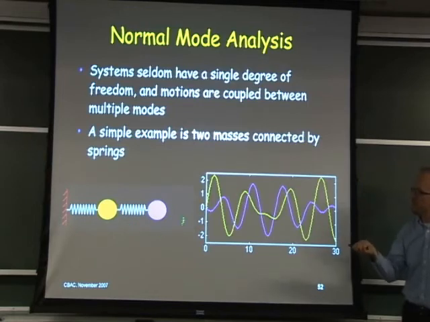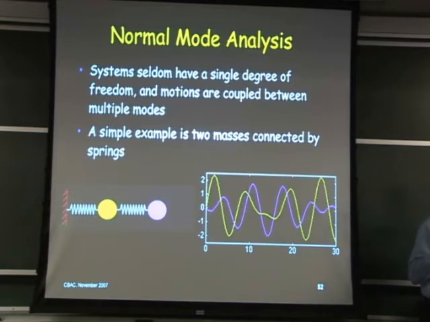Here's a simple system of two masses, in a one-dimensional plane here, being driven, say, by some external force or by thermal energy, whatever you want to think about. And there's only 2 degrees of freedom, right? I can describe this uniquely by the length of each of those 2 springs. But if I look at the dynamics, it is essentially very complicated.